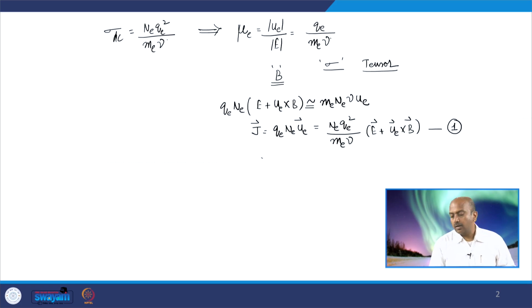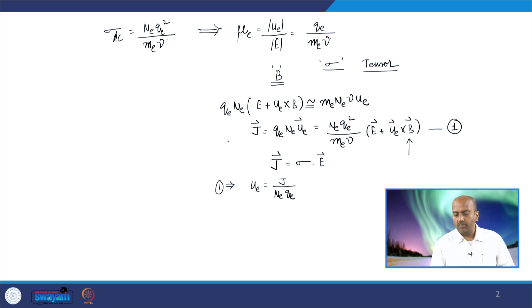Now, we know that in terms of the electric field and the conductivity, we have this expression J is equal to sigma dot E. So, sigma is the conductivity. Earlier we were calling it the DC conductivity. From the first part of the left hand side of equation number 1, we can write that equation 1 leads to the velocity being identified as J by NE QE.